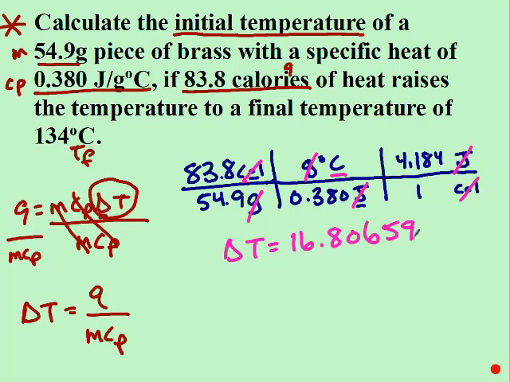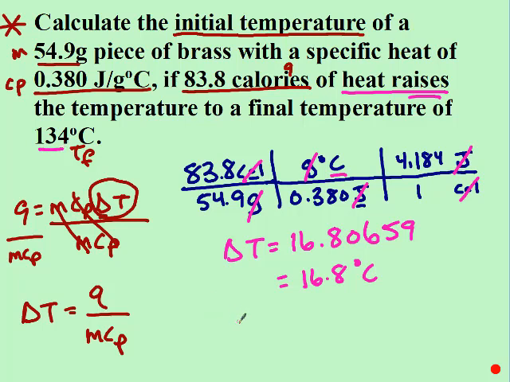So I get this in the calculator. We're going to go ahead and put our answer in 3 sig figs. So at this point, we can go ahead and round. It says calculate the initial temperature of a piece of brass when the heat rises to a final temperature of 134.